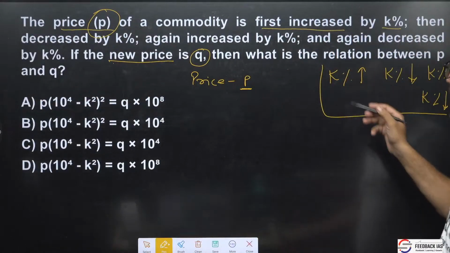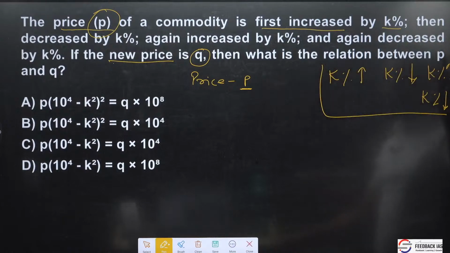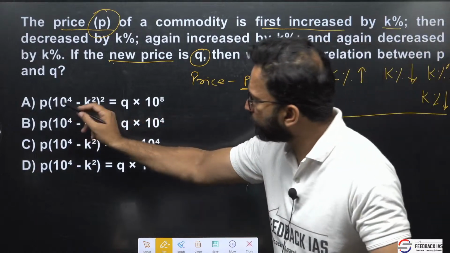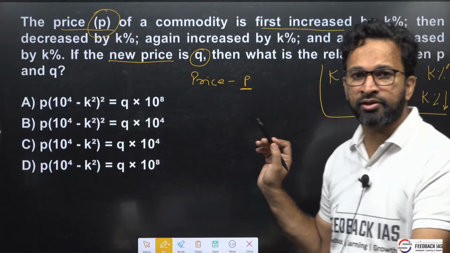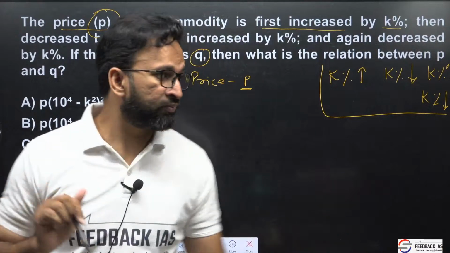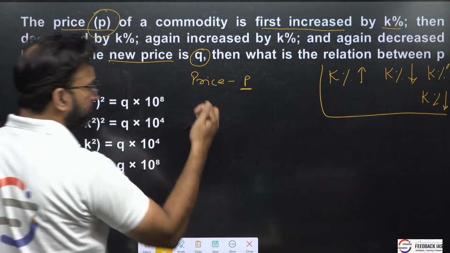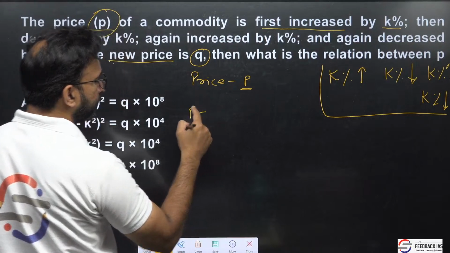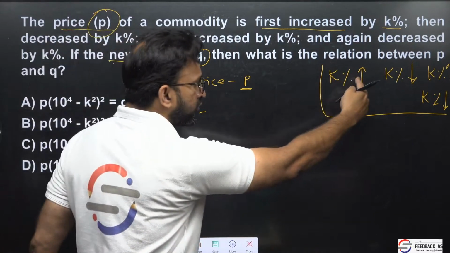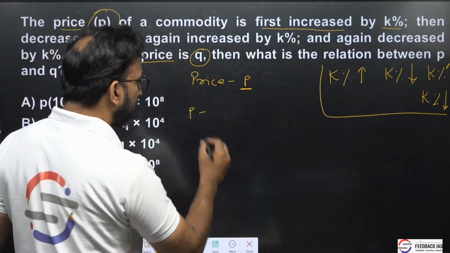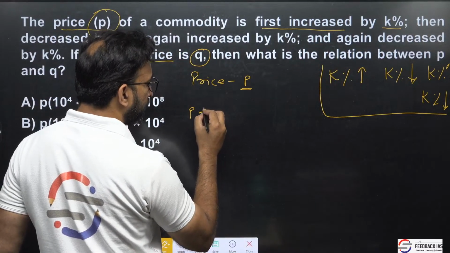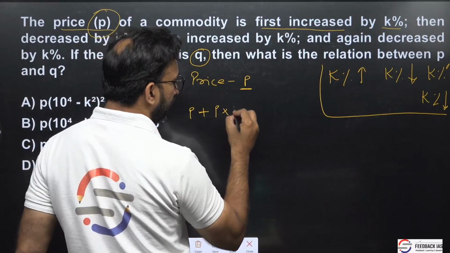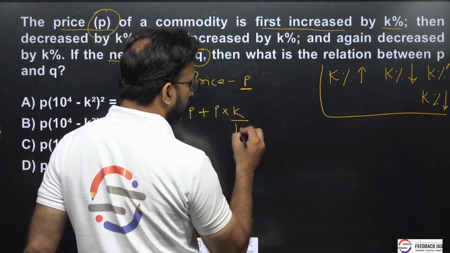Ultimately, within the question, there is a logical sequence which has been given to us. Now we have to find the relation. We have to solve that logical relationship so that we find one of the answers given in the question itself, right? So initially the price P is increased by K%. So it is P plus P into K by 100.